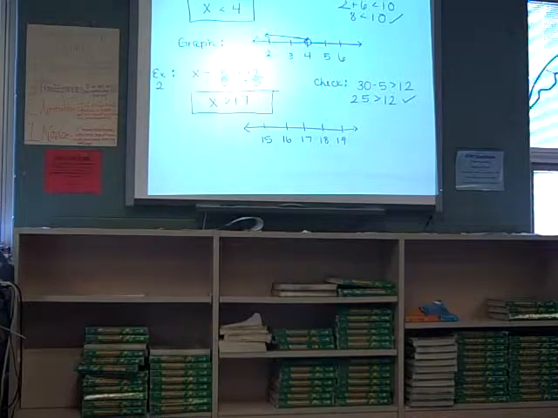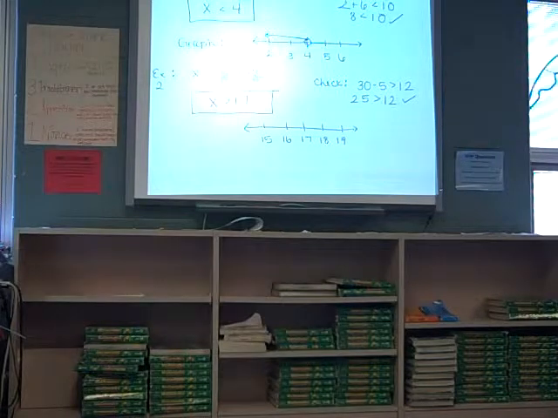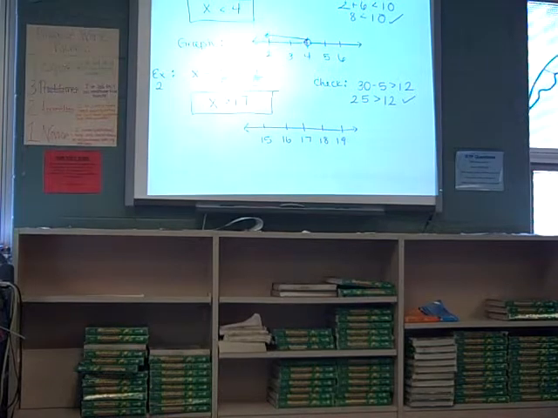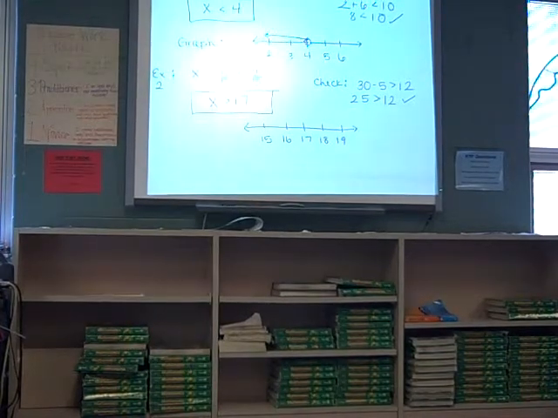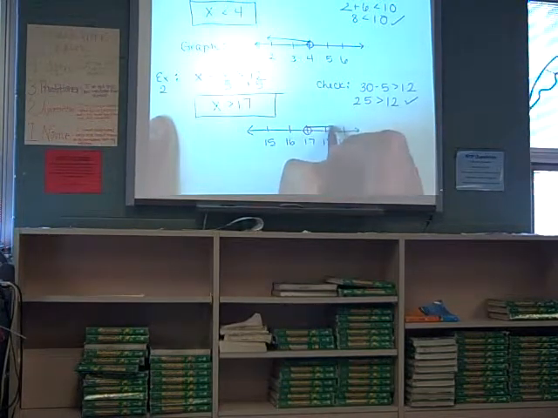Think about open or closed circle, and based on the X, which way your arrow would go. Right or to the left? They go to the right.